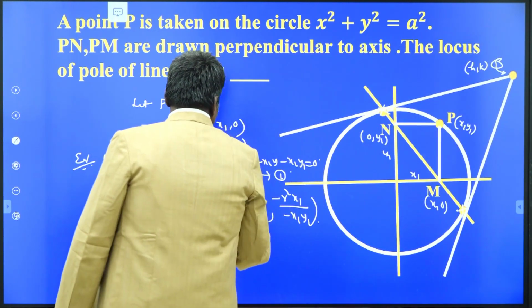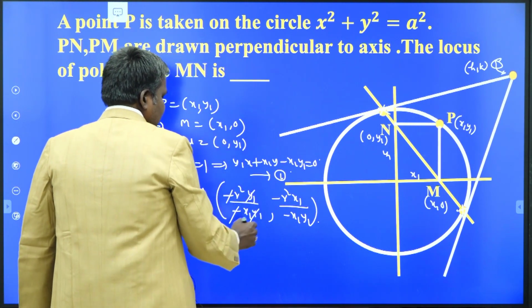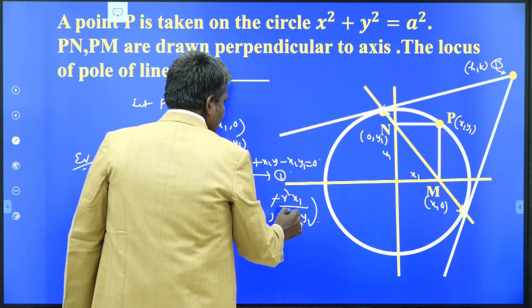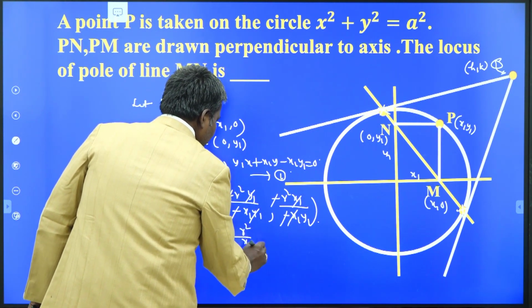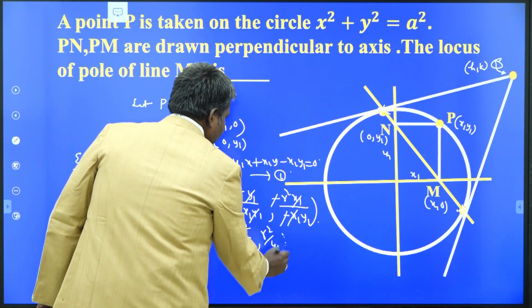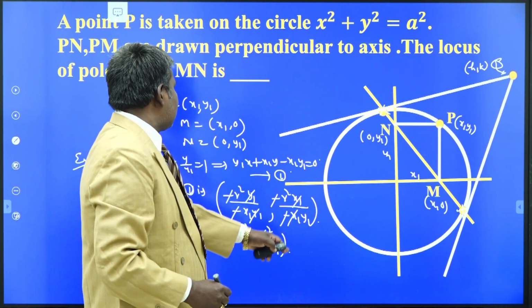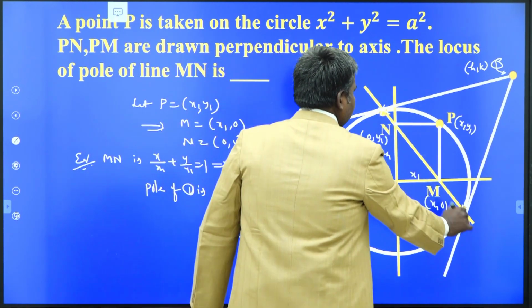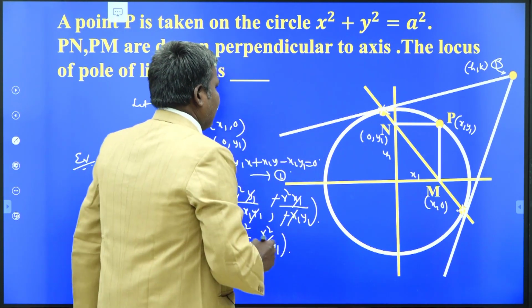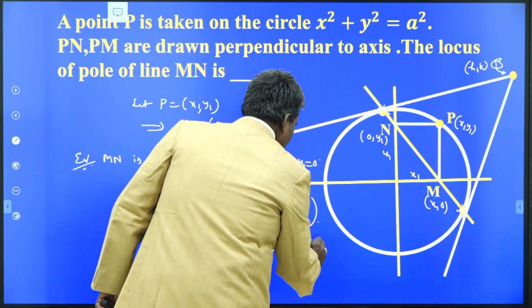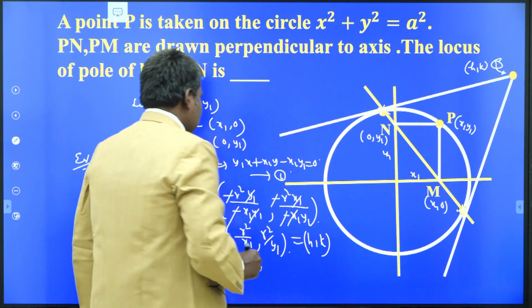L is the x coefficient. So minus minus gets cancelled, y1 gets cancelled here, minus minus gets cancelled, x1 gets cancelled. What is the pole now? r square by x1 comma r square by y1. This is the pole of the line MN. So this is the original pole, but we have taken the point as h comma k. This is the point which is on our locus.